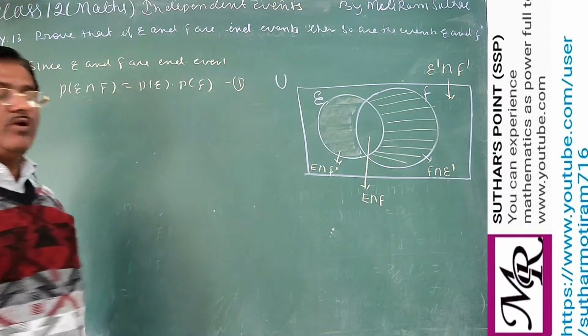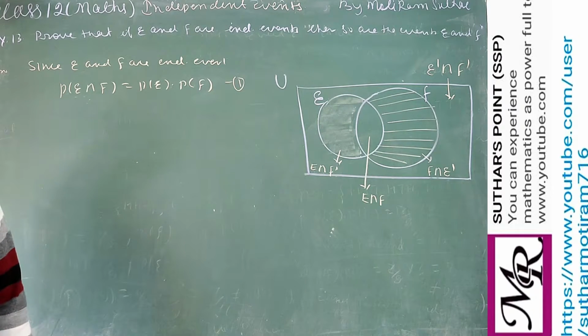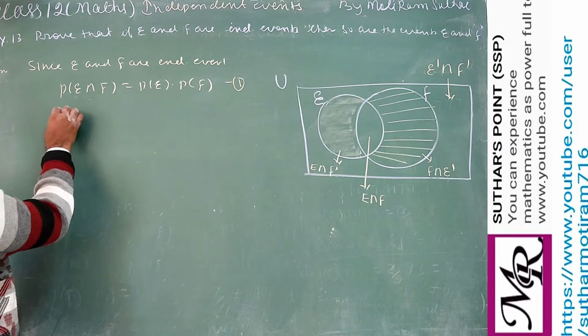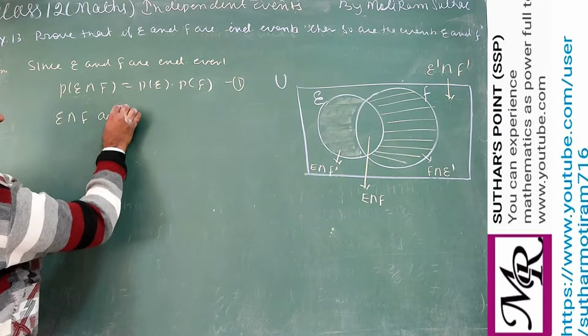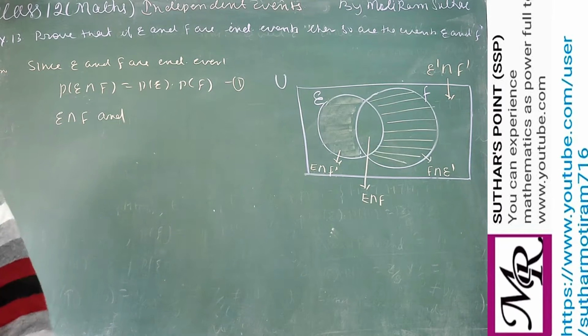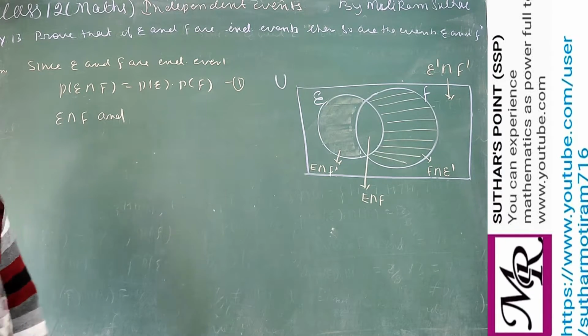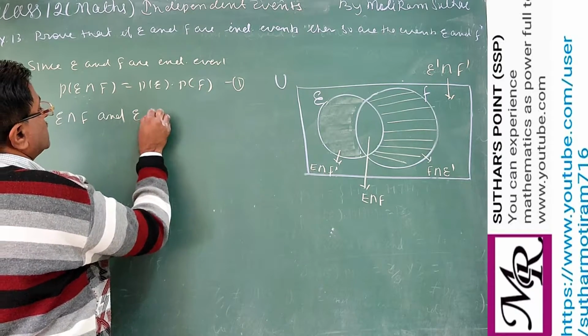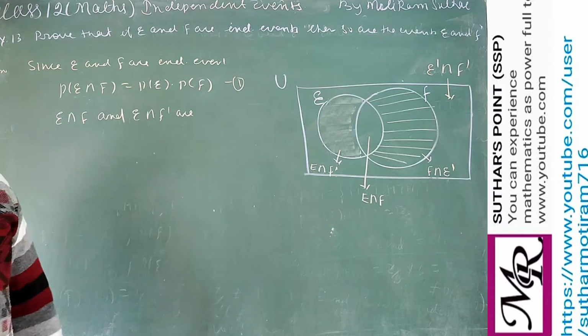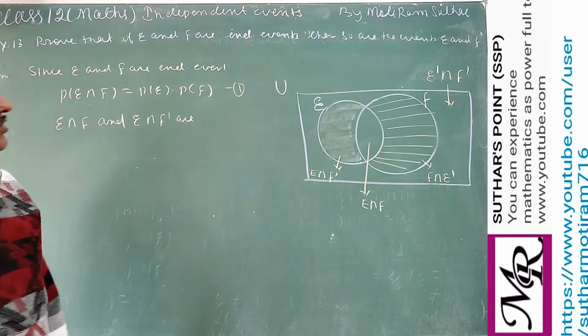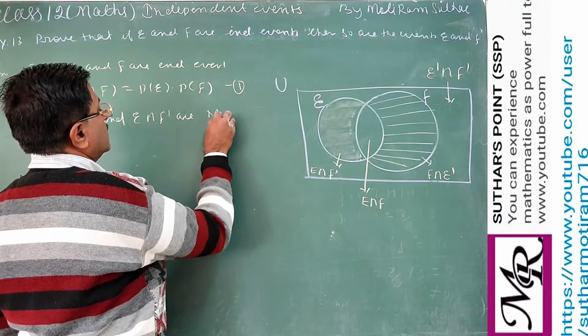Now we can see from the Venn diagram that the events E intersection F and E intersection F naught are mutually exclusive events.